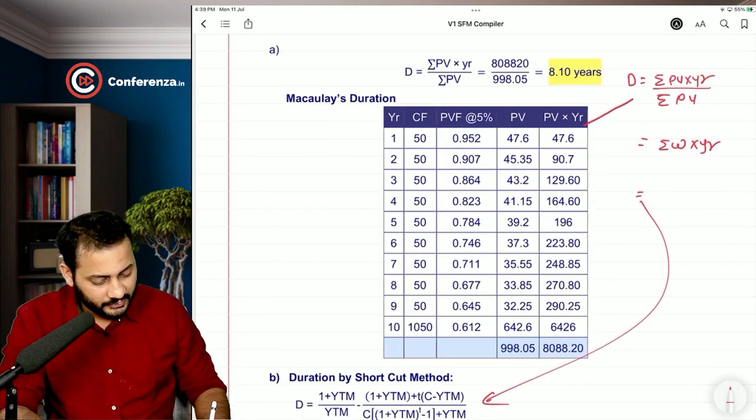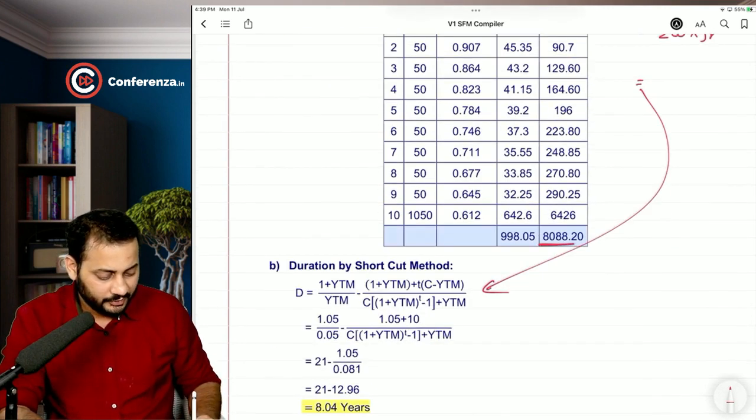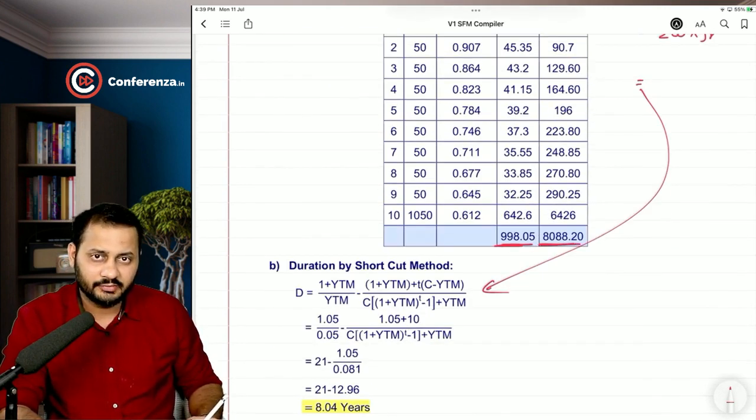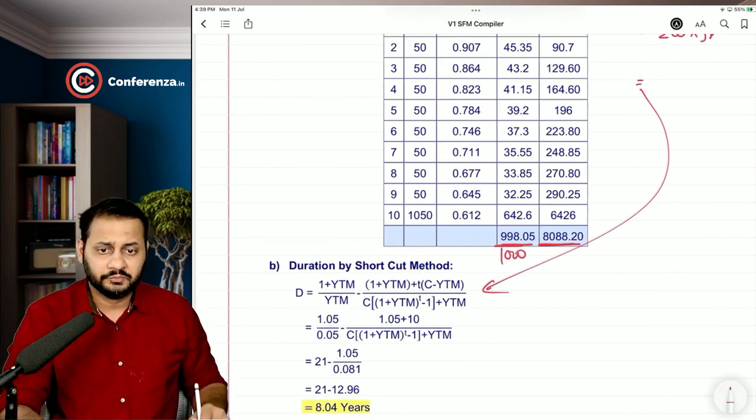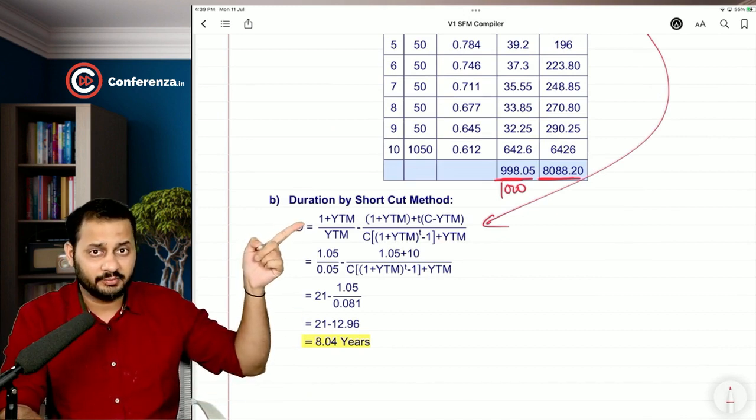In this question, this method has been used, where they have calculated summation of present value into year divided by summation of present value. Instead of this, you could have taken 1000 directly and the answer by the shortcut method. This is called the shortcut method, the third method that we were talking about.